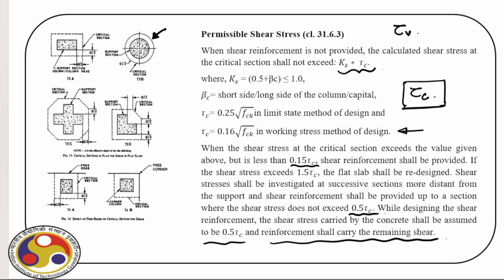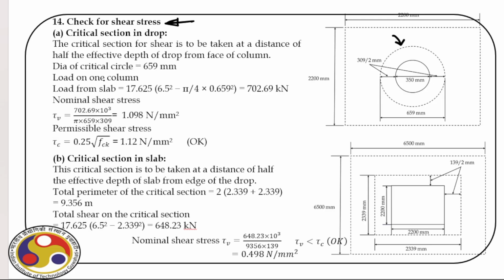So accordingly we find out the total area, that is here it is, recall, B0 times D, right? So that we find out first. So diameter of the critical circle we can find out, which is 659 millimeter. Then the load on the column, first we find out.